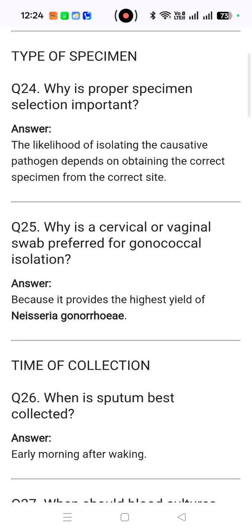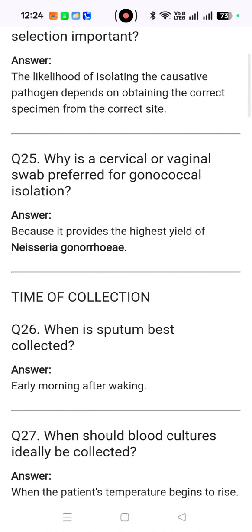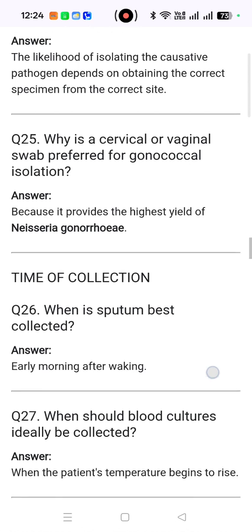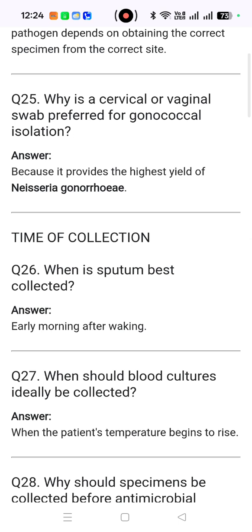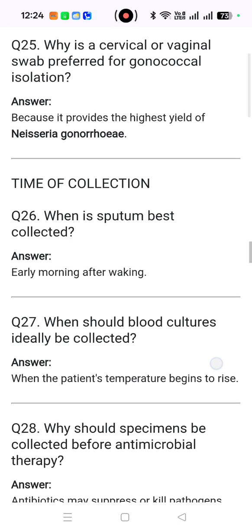Type of specimen. Why is proper specimen selection important? The likelihood of isolating the causative pathogen depends on obtaining the correct specimen from the correct site. Why is cervical or vaginal swab preferred for gonococcal isolation? Because it provides the highest yield of Neisseria gonorrhoeae.